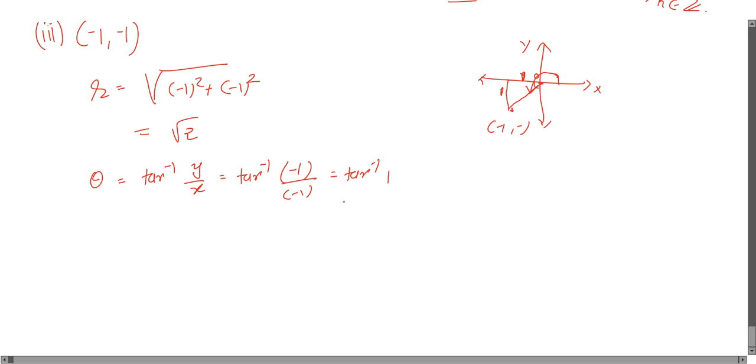Tan inverse 1 is π/4. So this small angle is theta. Now the whole angle is π plus theta. All I have to do is add π extra. So that is π plus π/4, so 5π/4.